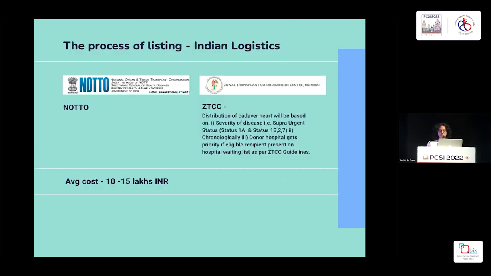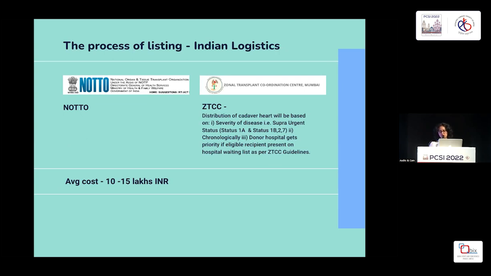Coming to our setup, we have two main governing authorities. The NOTO, which is the National Organ, Tissue and Transplant Organization, does not have a major hold, because until now we have states which define the organ, who receives the organ, and the listing purpose.